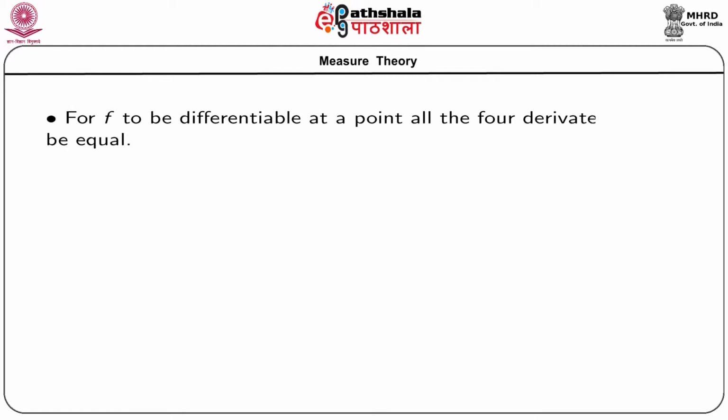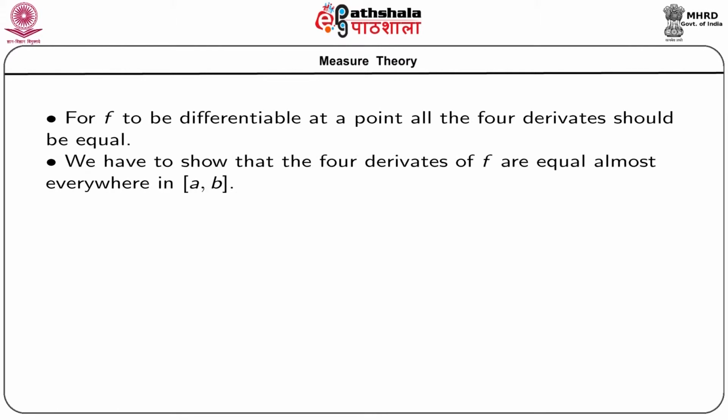So, first observe that for f to be differentiable at a point, all the 4 derivatives should be equal. So, we have to show that all the 4 derivatives of f are equal almost everywhere in closed interval a b.